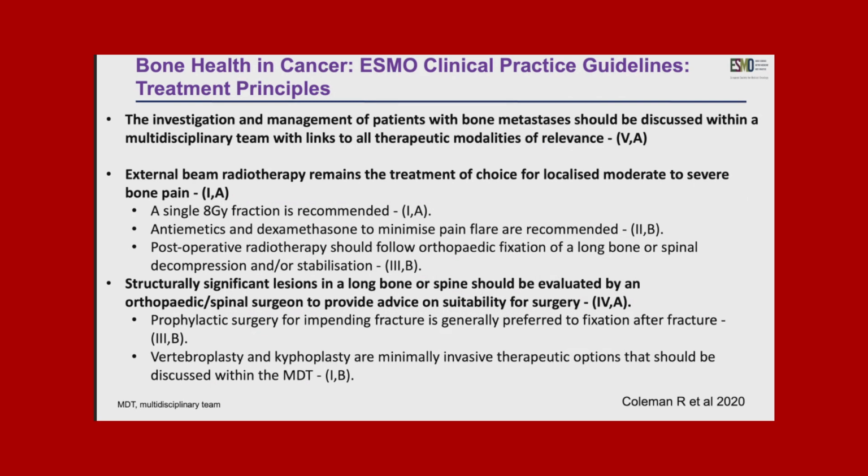Also, postoperative radiotherapy should be taken into consideration after orthopedic fixation of a long bone or after spinal decompression or stabilization. When there are structurally important lesions in a long bone or in the spine, we have to evaluate also orthopedic and spinal surgery as a primary treatment, if it is possible.